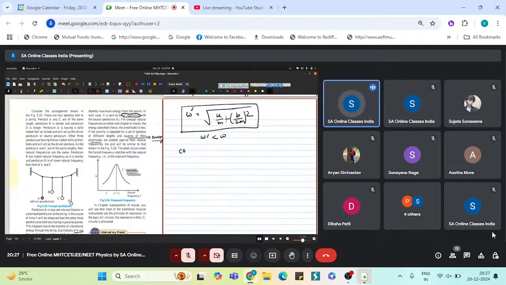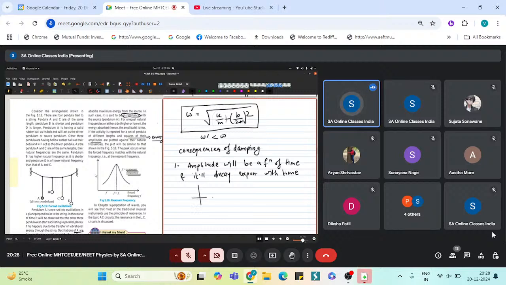So what are the consequences of damping? First consequence is amplitude will be a function of time, and it will decay exponentially with time.